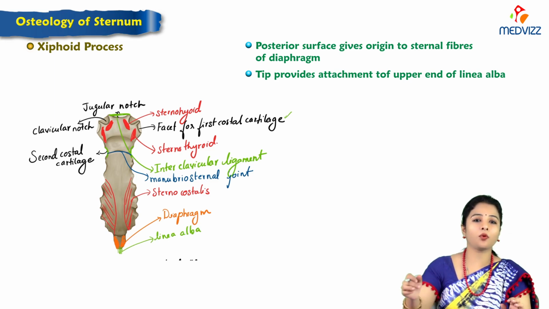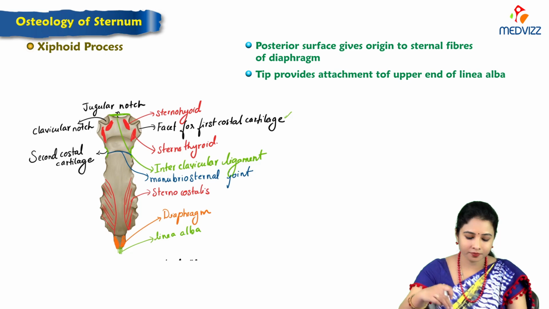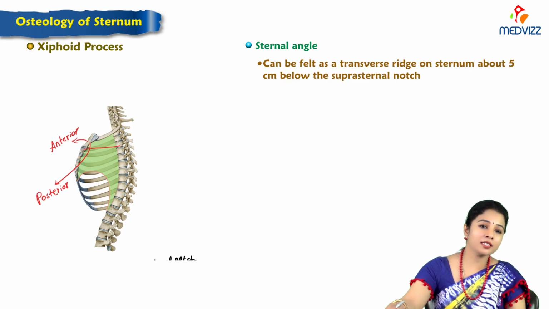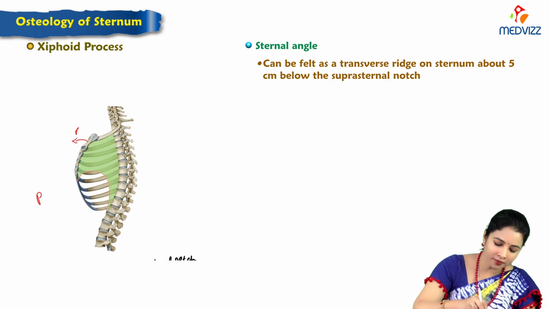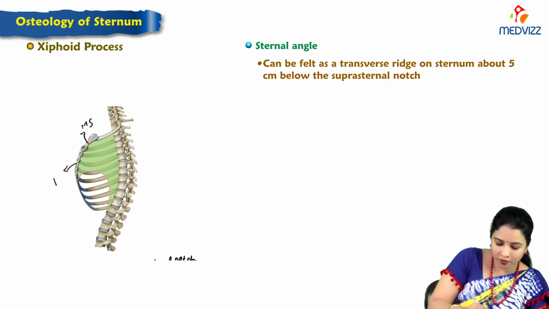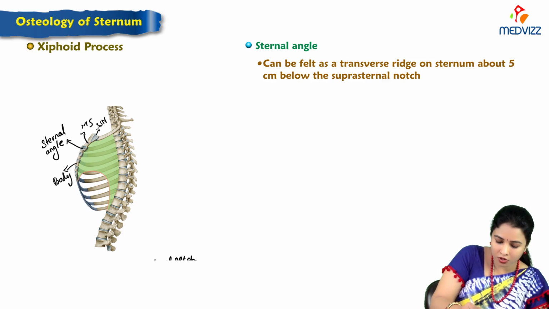So its tips provides attachment to the upper end of the linea alba. The sternal angle can be felt as a transverse ridge on the sternum approximately 5 cm below the suprasternal notch. Here is the manubrium sterni, here is the body of the sternum, and this angle is the sternal angle, and here is the suprasternal notch.